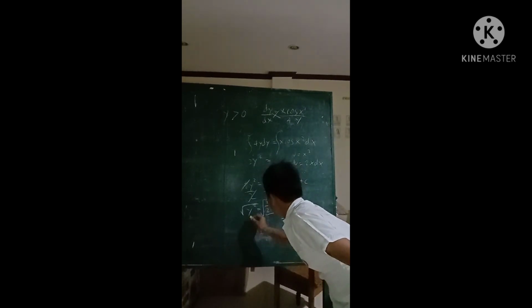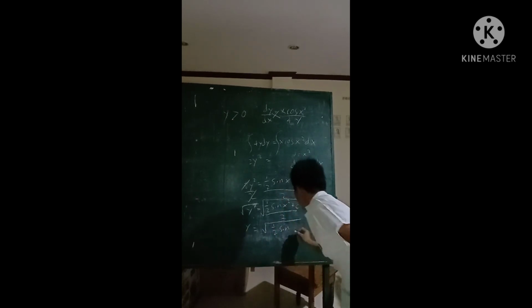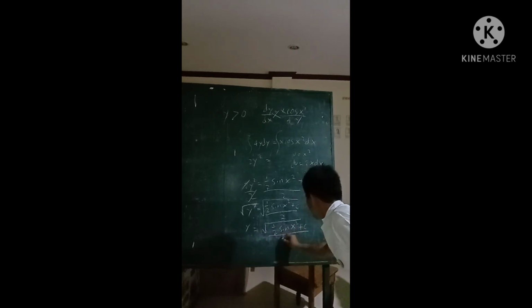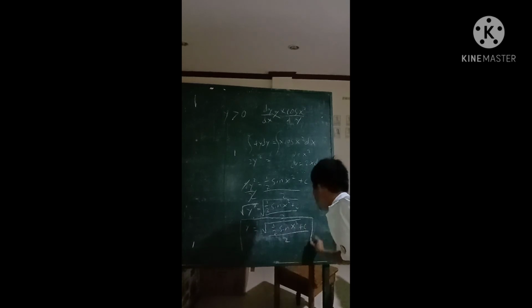Taking the square root, the square root of y squared cancels. The remaining is y equals the square root of 1/2 sine x squared plus c over 2. So the final answer is y equals the square root of 1/2 sine x squared plus c over 2.